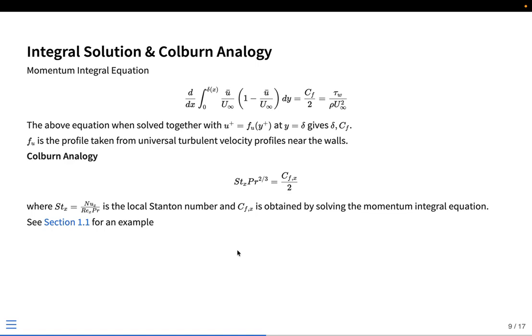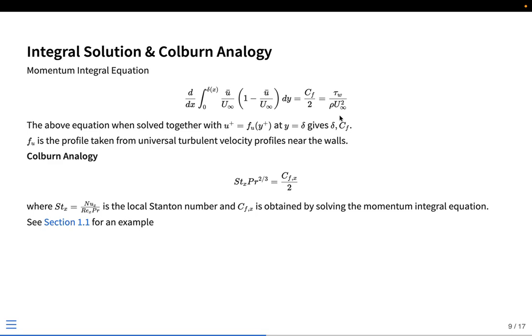But if you want to solve this particular problem, the main idea is we will again use the momentum integral equation that we had before. The equation looks similar to the form that we had before. The only difference here is u will be replaced with u bar, but otherwise even the RHS looks similar.